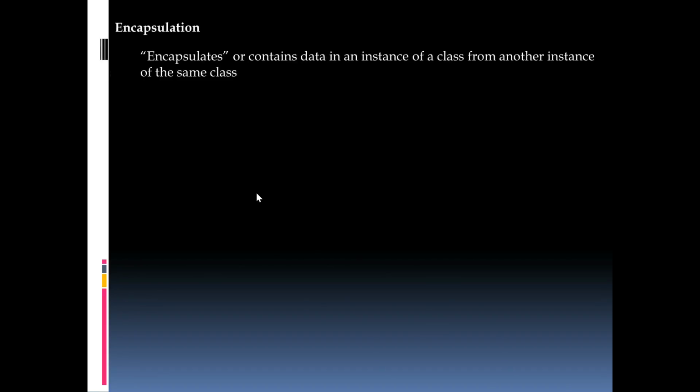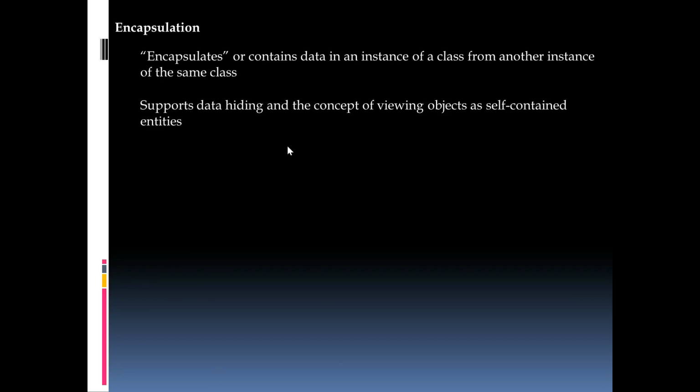There are some ways or techniques that we can use for object-oriented programming. One of them is encapsulation. Encapsulation encapsulates or contains data in an instance of a class from another instance of the same class. It supports data hiding and the viewing of objects as self-contained entities.